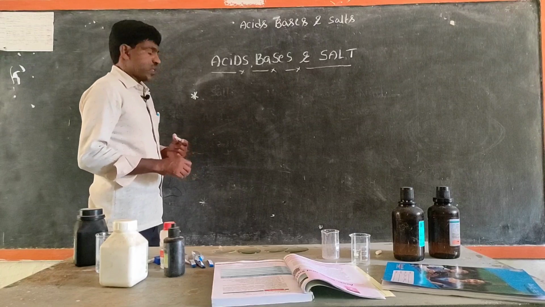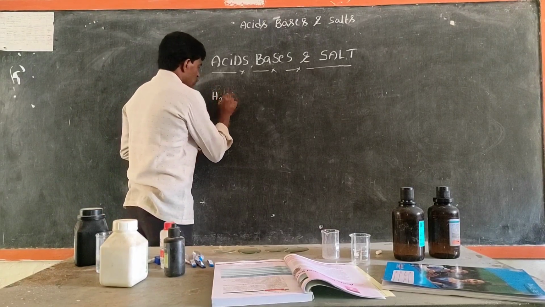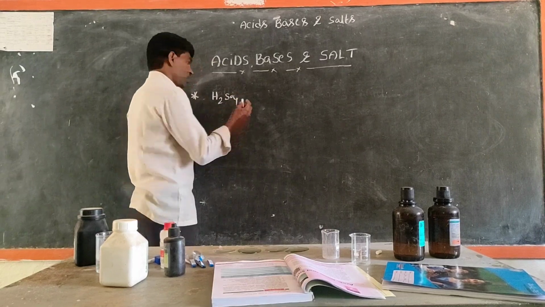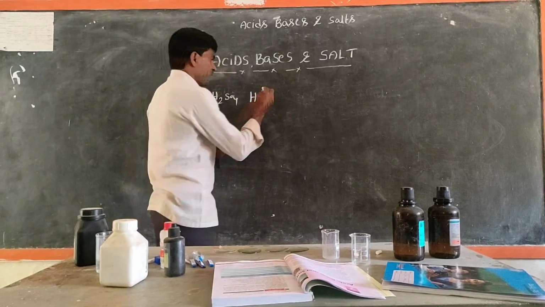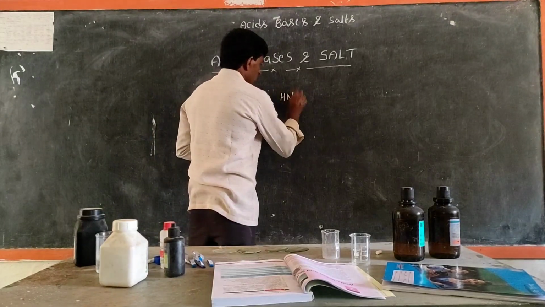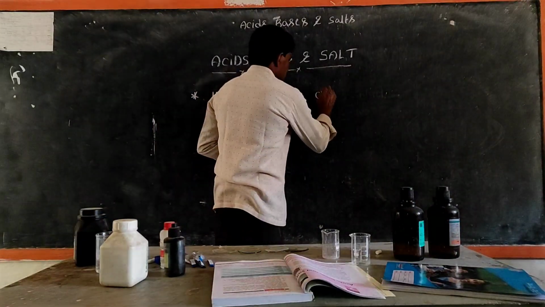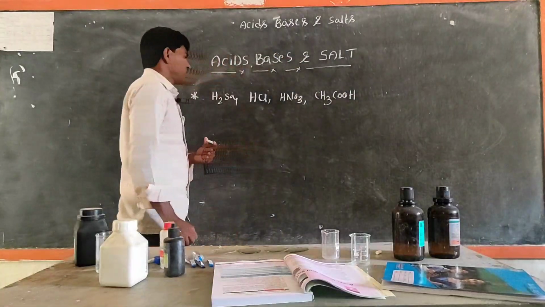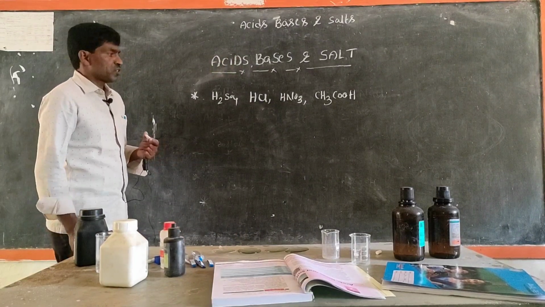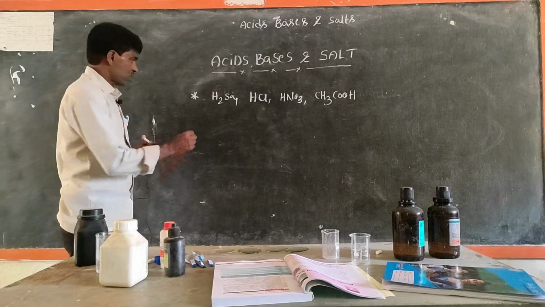We can take examples of sulfuric acid, H2SO4, hydrogen chloride, HCl, nitric acid, HNO3, and acetic acid, CH3COOH. These acids dissolve in water to form H plus ions, so they are called acids.